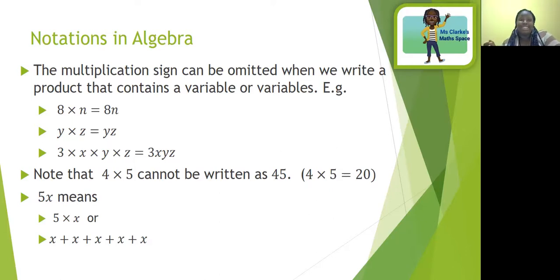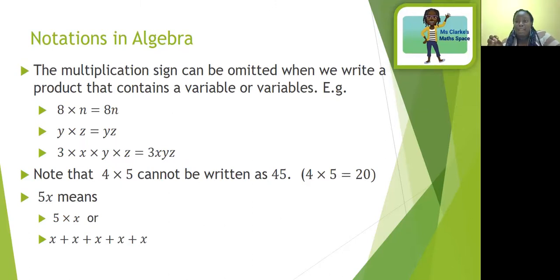All right. So note that we might be tempted to say 4 times 5 is 45. But we know that that isn't true. That 4 times 5 is 20. So that rule that I was just mentioning applies to when it's just numbers with letters, and it's just one number and then letters, all right?